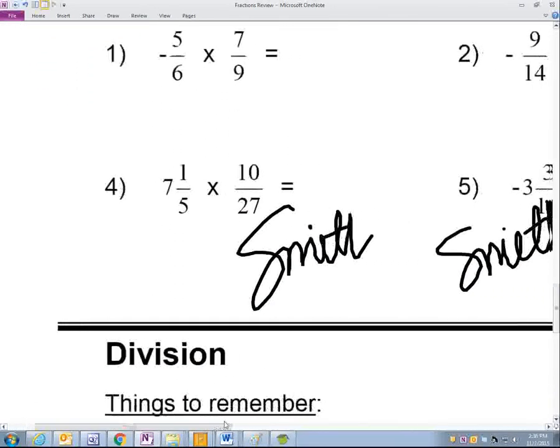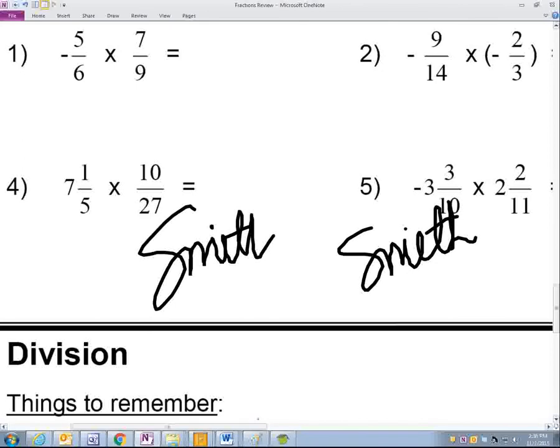So we have negative 5/6 times 7/9. Whenever we have a negative times a positive, it is going to be a negative number. Whenever we have a negative times a negative, it is going to be a positive number. Whenever we have a positive times a positive, of course, it's going to be positive, and that's a review from the multiplying integers notes. So we have negative 5 times positive 7, which is negative 35.